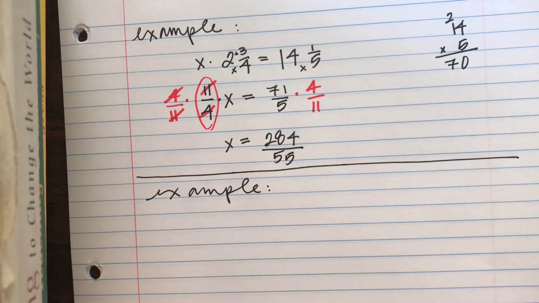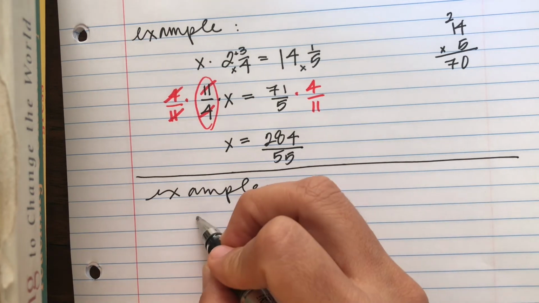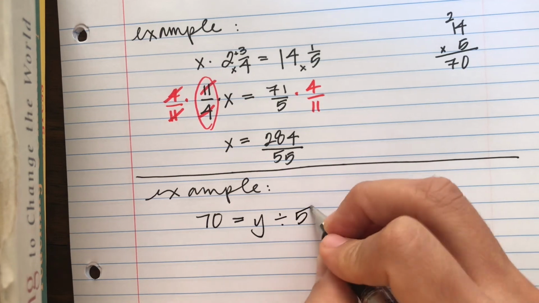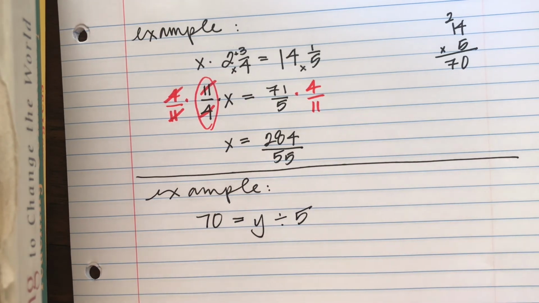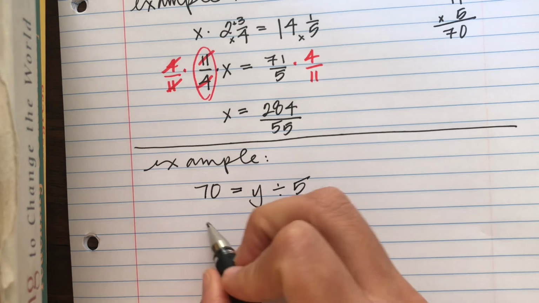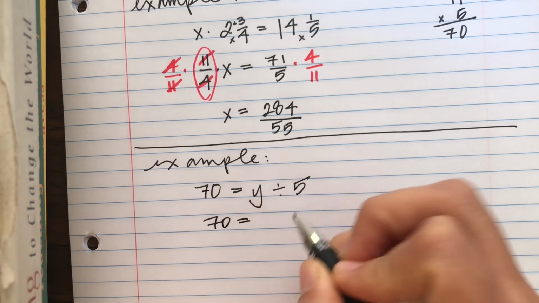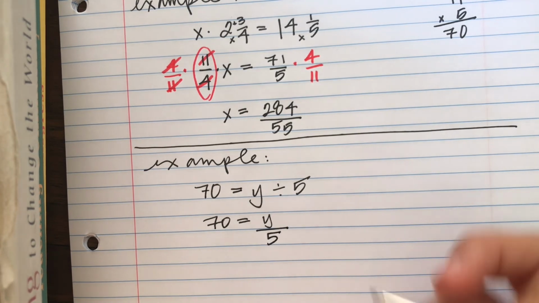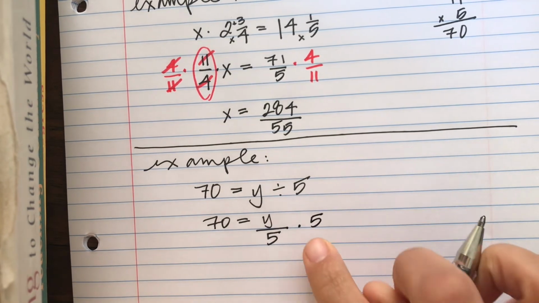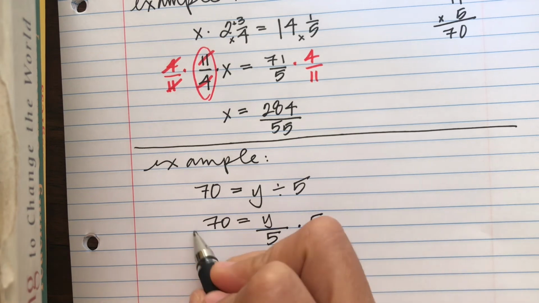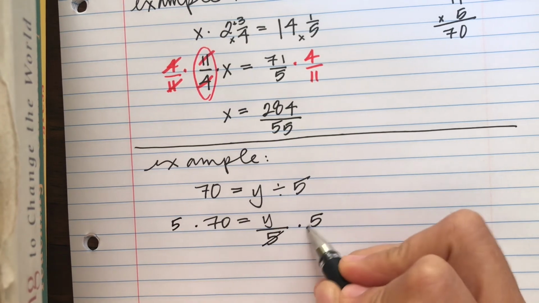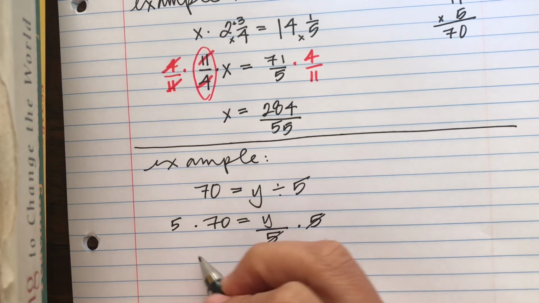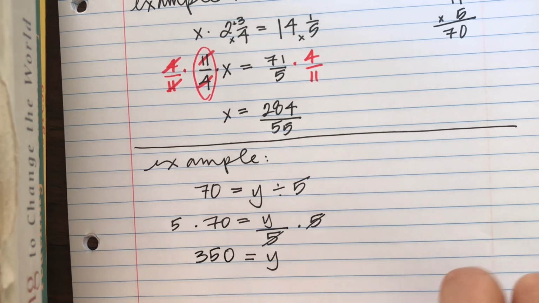So if you have, for example, a problem that looks like this, 70 equals y divided by 5, I can rewrite it using my division bar, multiply both sides by 5, because what I do to one side, I will do to the other. These cancel out, which is now y by itself, and 5 times 70 is 350. And that's my answer, guys.